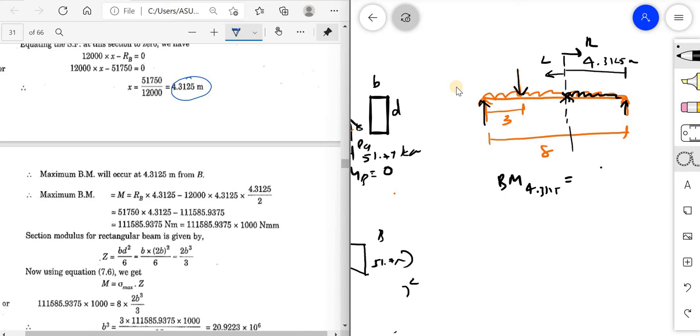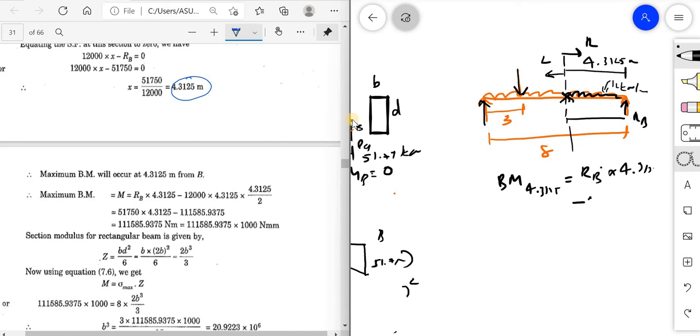How can I take the bending moment? This is RB, so RB into the distance, which is 4.3125, rotating clockwise. Then there is the UDL of 12 kilonewton per meter.